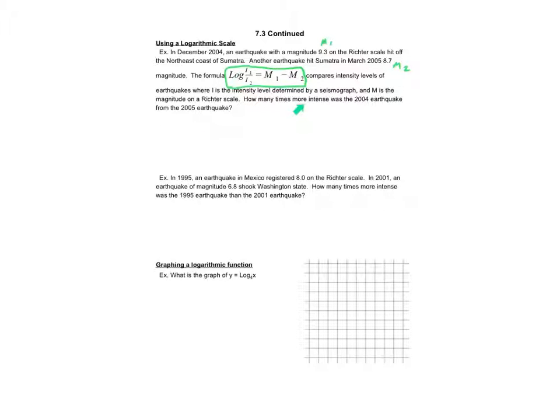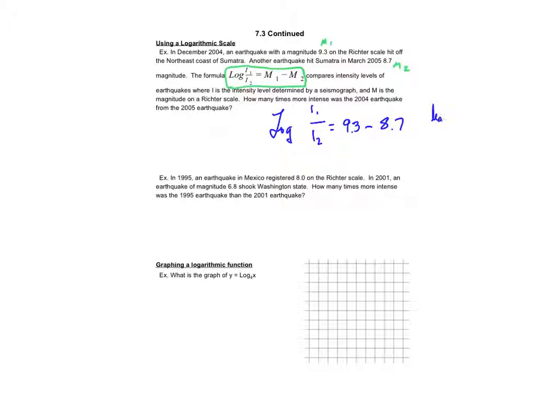So I've gone here and I've labeled that M1, my first magnitude, is going to be 9.3 minus my second magnitude, which is 8.7. So then I know that the log of intensity 1 over intensity 2 is going to be equal to 9.3 minus 8.7.